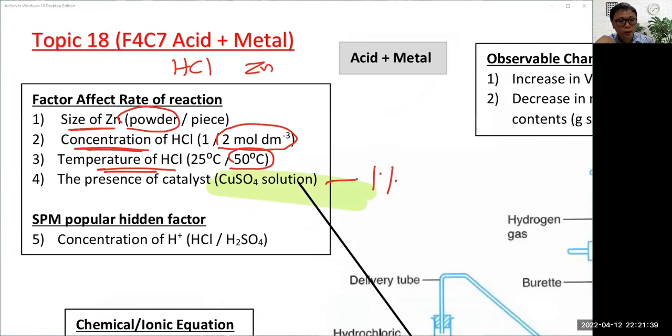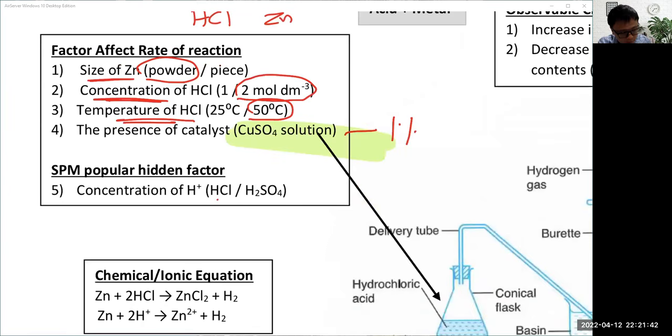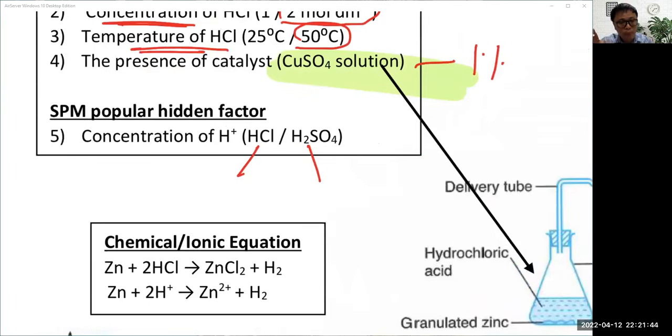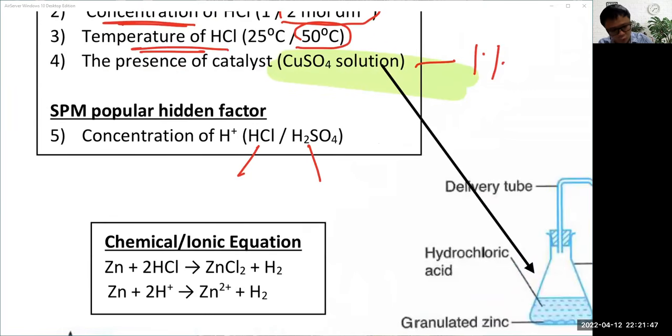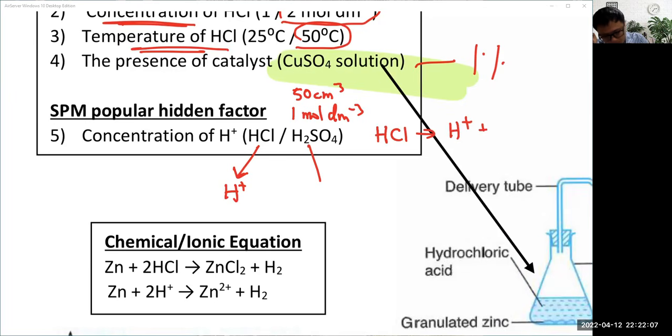Then after that, there's one hidden factor as well. Although both solutions look the same, for example, both are 50 cm3, 1 mol per dm3, this is called a hidden factor. It looks like they have the same concentration, same volume, same number of moles, but actually the hydrogen ion is different, because HCl is able to produce 1 H+, but sulfuric acid is able to produce 2 H+.